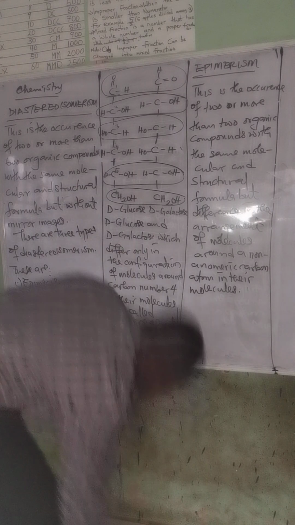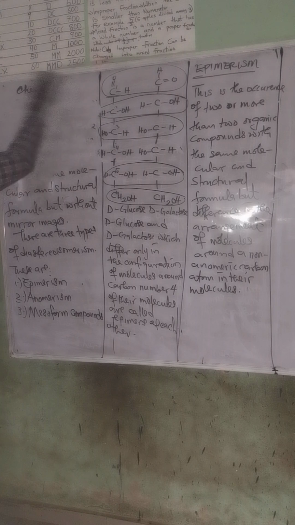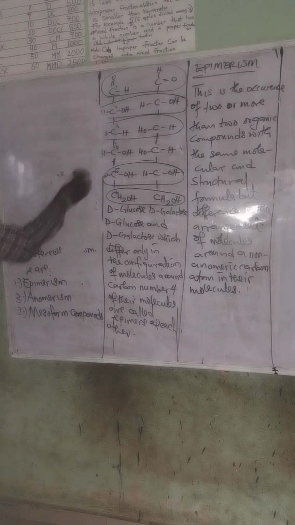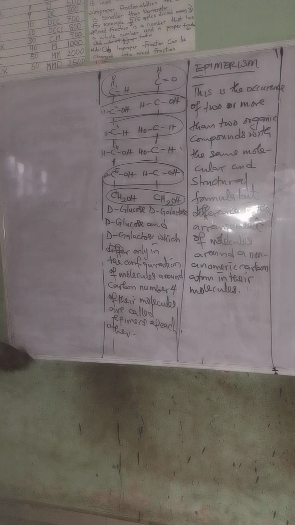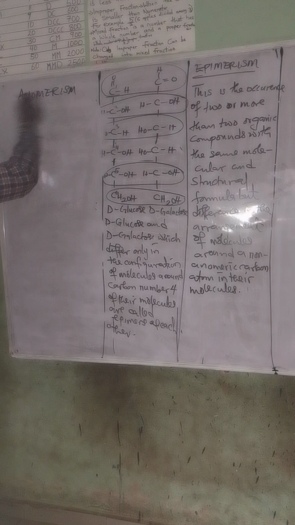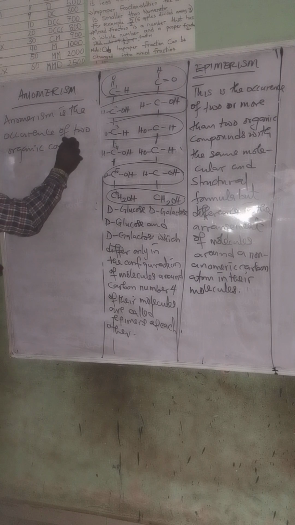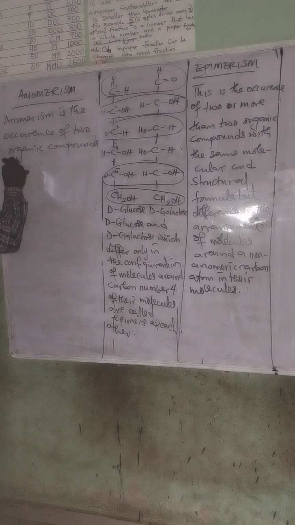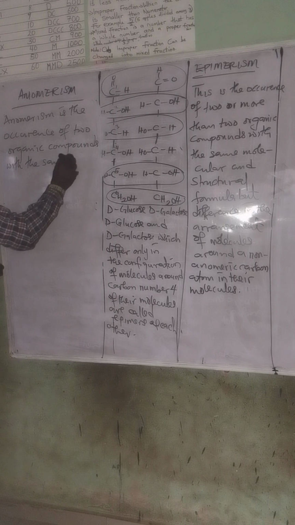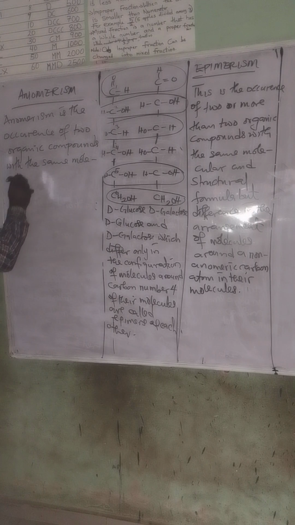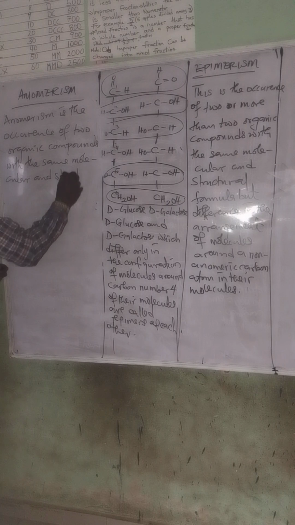Now let's look at anomerism. Anomerism is the occurrence of only two organic compounds with the same molecular and structural formula.